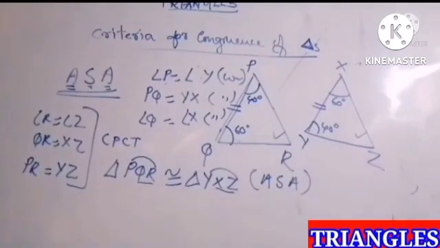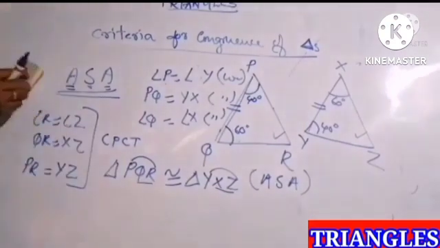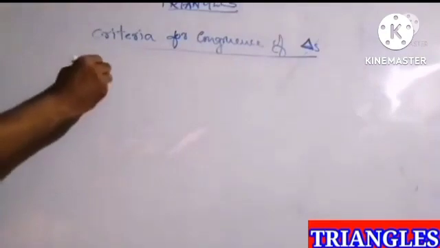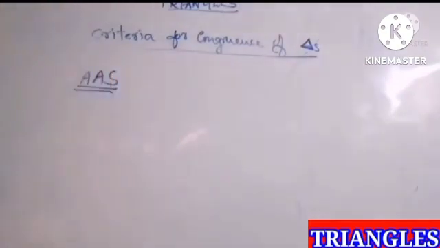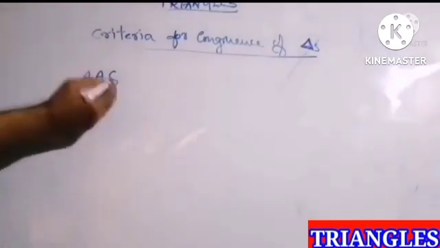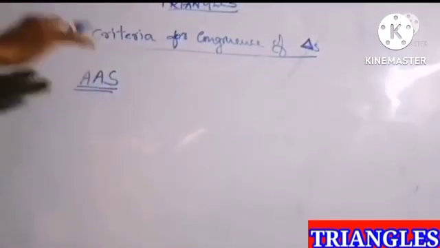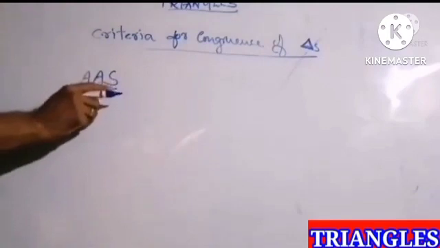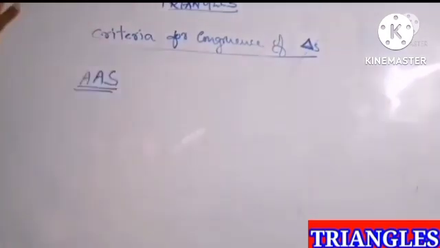Next, one more criterion, the AAS congruence rule. What is AAS? Third congruency, AAS: angle, angle, side. Here the side is not included. So it represents any side, 2 angles and any other side.